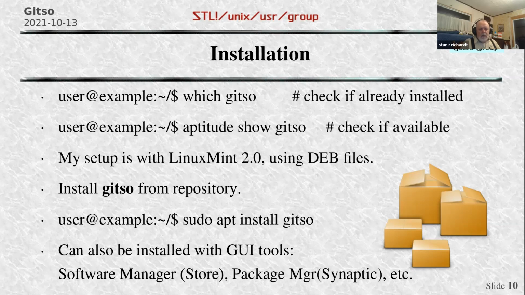Of course, you have to have sudo superuser privileges, and you can do an apt install gitso on a Debian system, and it can also be installed with GUI tools. The software manager, which in this case is the equivalent of an application store, or the package manager. Synaptic is a good choice. There's a thing called gdebi if you find the deb out in the wild someplace else.